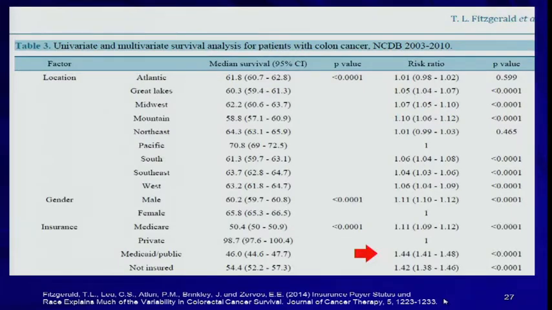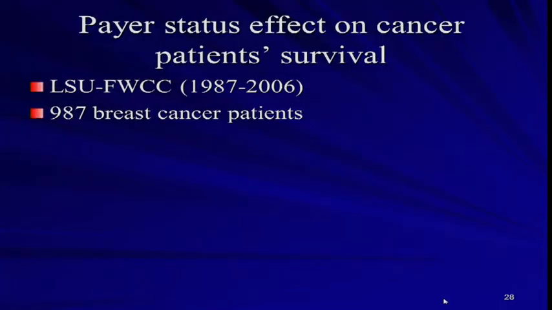Then this is the multivariate analysis here. You can see Medicaid patients had an increased risk of dying by 44% compared to private insurance. If their insurance is private, their risk of dying is 1, but with Medicaid it increased 44%.